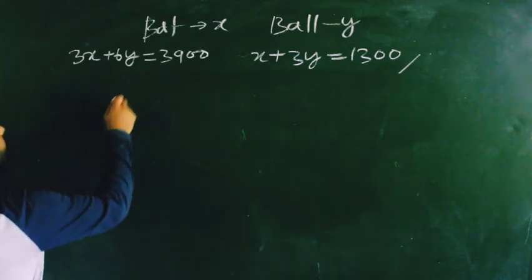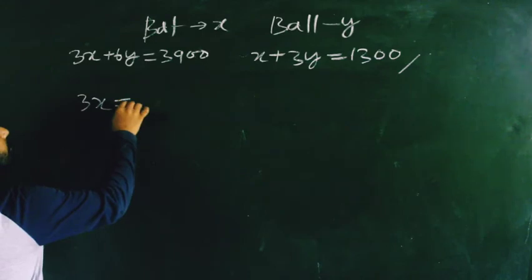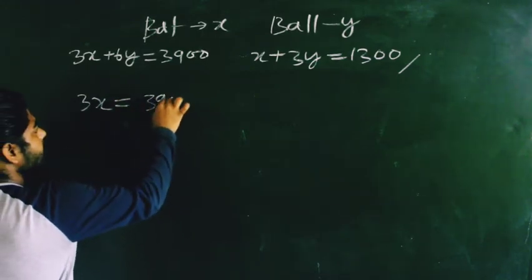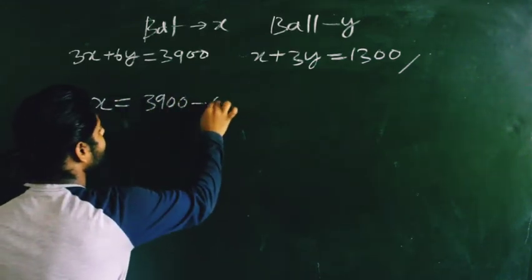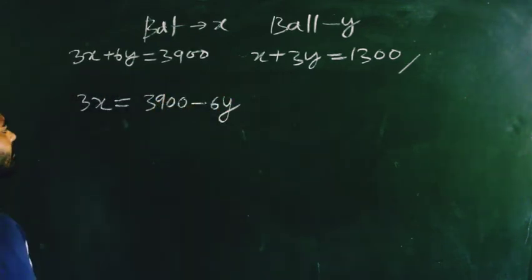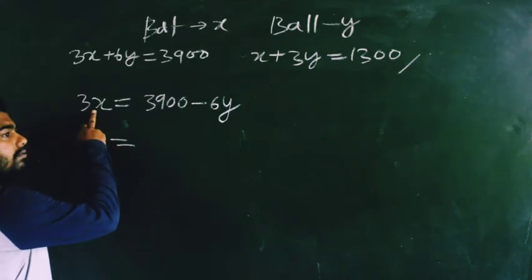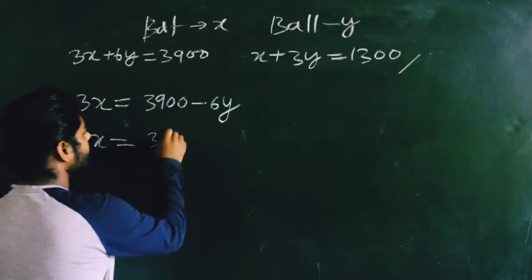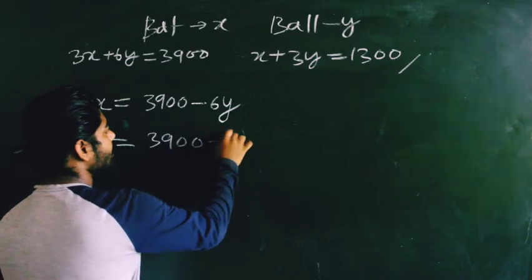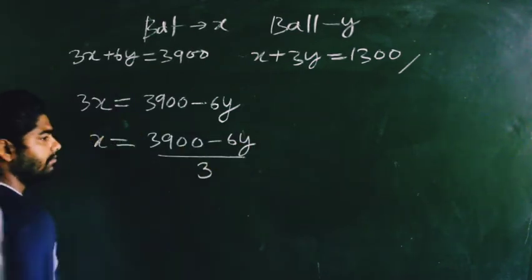So first we'll deduce this. We'll have 3x equal to 3900 minus 6y. So plus goes minus there. Then x equal to, multiplication will become division, so 3900 minus 6y divided by 3.